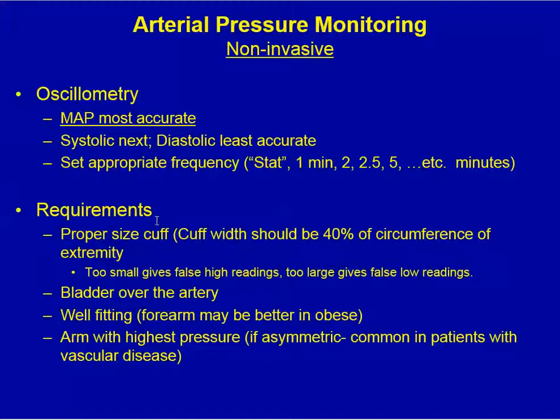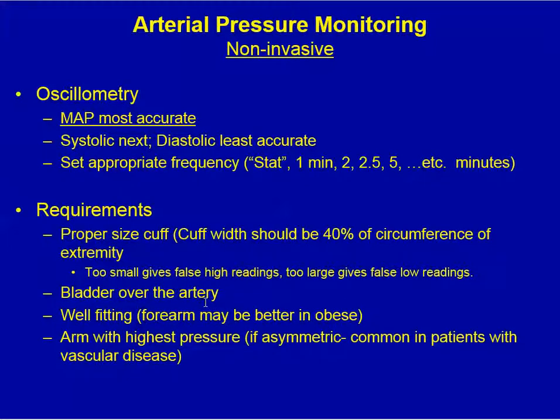In order for oscillometry to be accurate, the cuff size must be appropriate, and this refers to the width of the cuff compared with the circumference of the arm. If the cuff is too narrow, it will give a false high reading, and if it's too wide, it will give a false low reading.